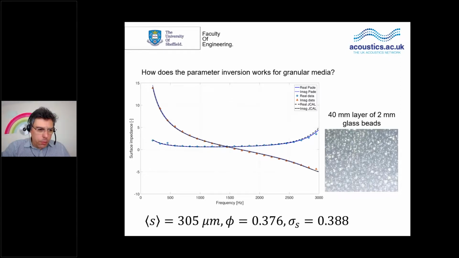Also you can apply experiments to do with water suction. You can, for example, take a sample of material, like glass beads again, saturate it with water, and then apply suction pressure in steps to extract water.